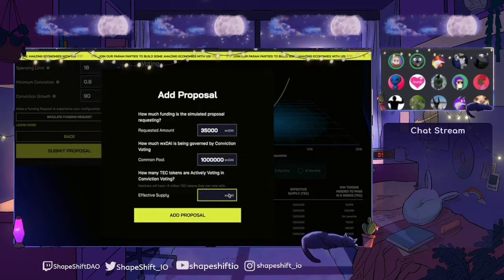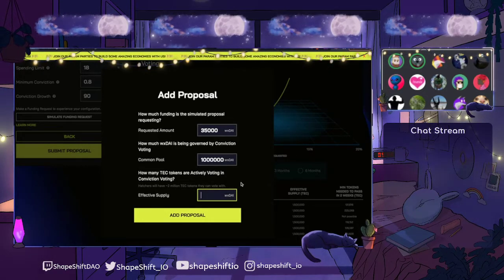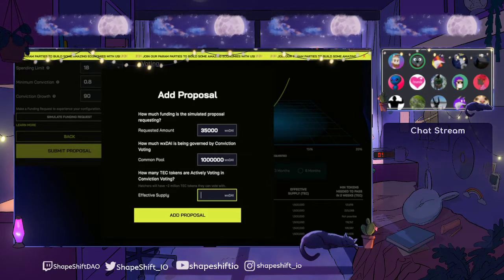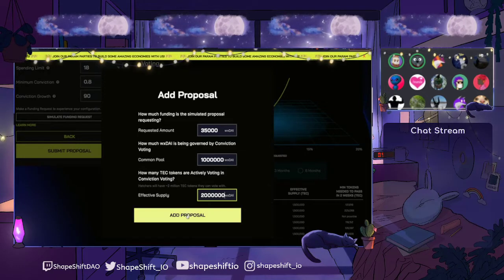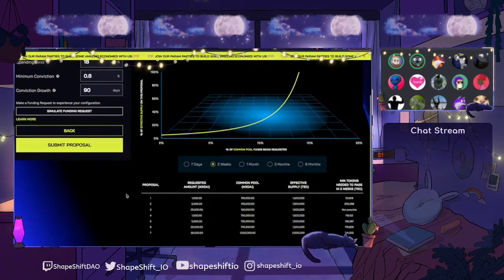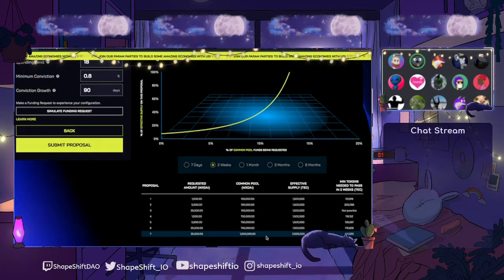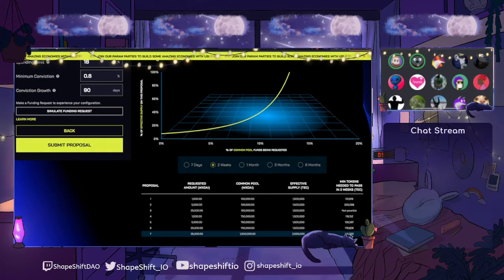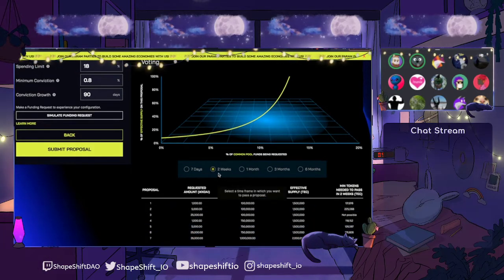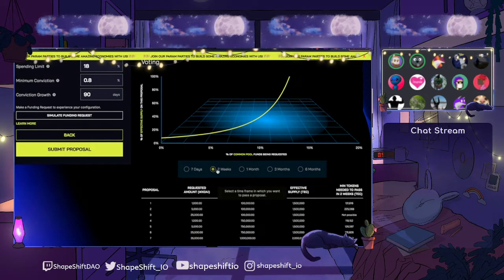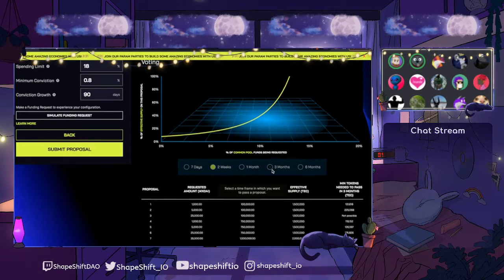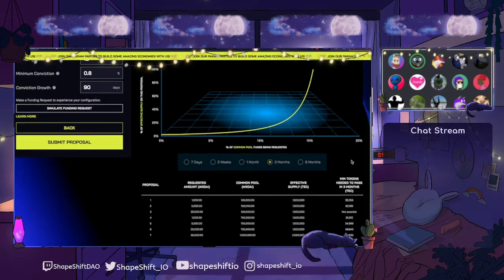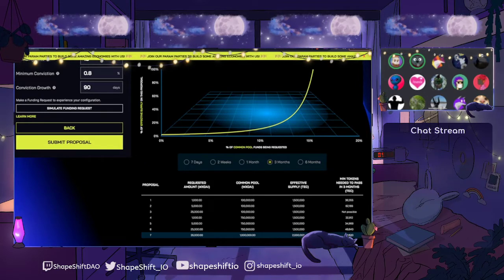Sorry for the mix-up. But let's say that there's an effective supply of 2 million TEC tokens. So if we add a proposal like this, we can see the minimum amount of tokens that are needed to back this proposal for it to pass in this period of 2 weeks. But let's say that in a period of 3 months, we would need fewer TEC tokens, right?